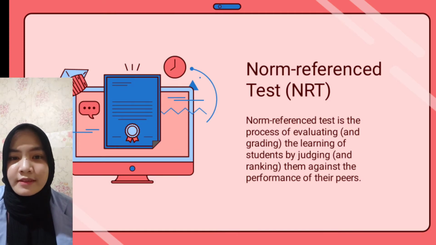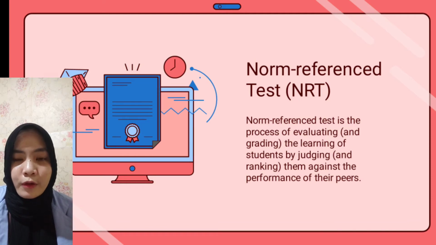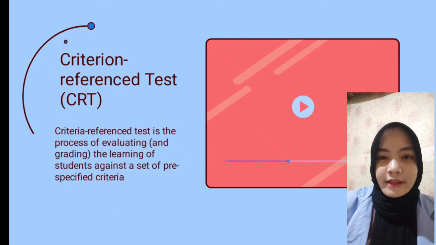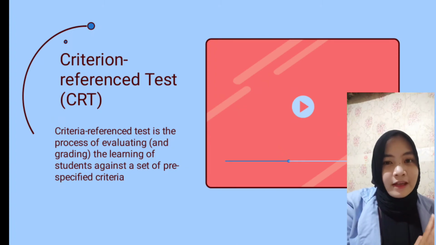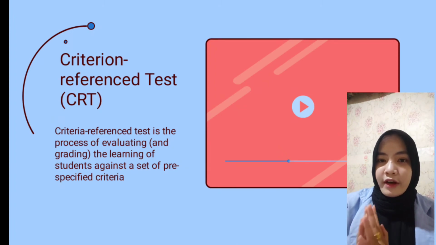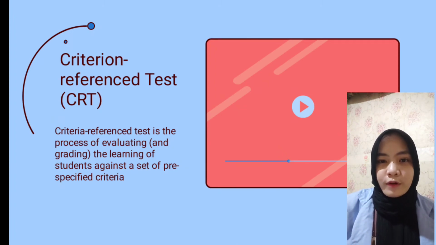Norm reference standardized tests can use local, state, or national norms as a base. A test taker's score is therefore interpreted with reference to the scores of other test takers or group of test takers, rather than to an agreed criterion.